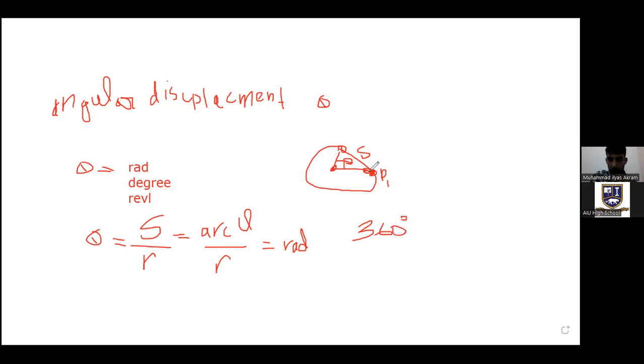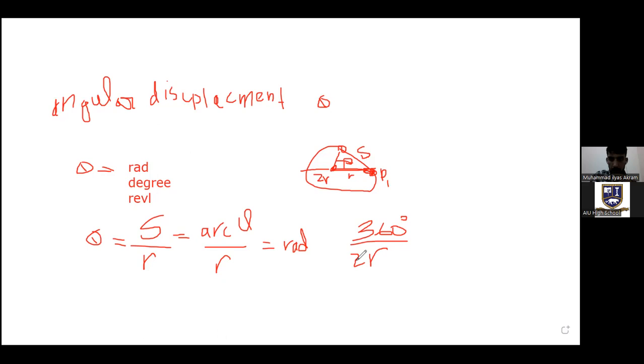If this point starts from here and then comes again to this point by covering all the distance, then it will cover 360 degree divided by the radius r, and that will be equal to 2r, because here to here is the first distance 1r, and when it reaches that point, the distance will be 2r.